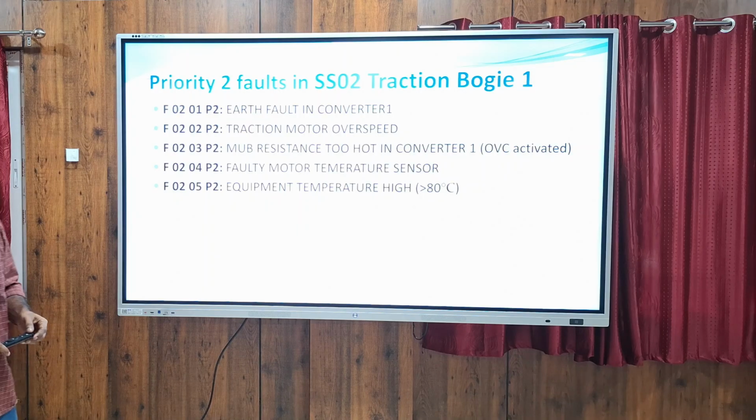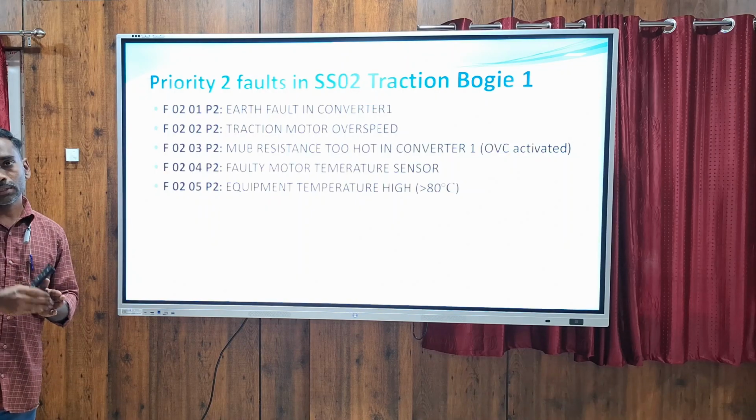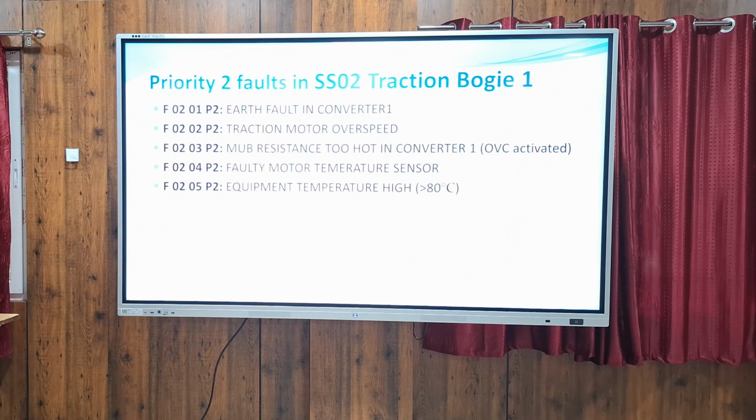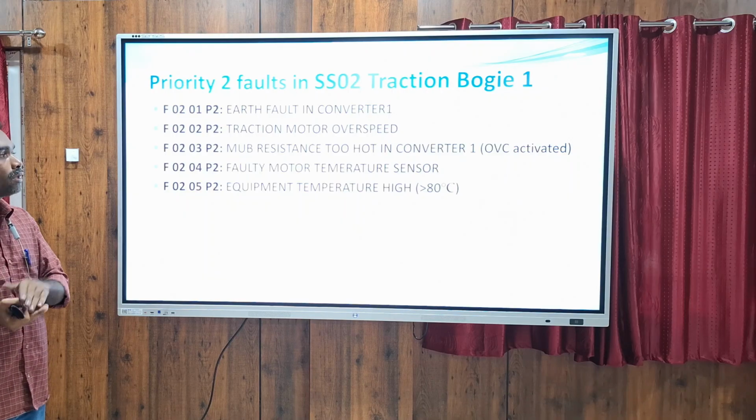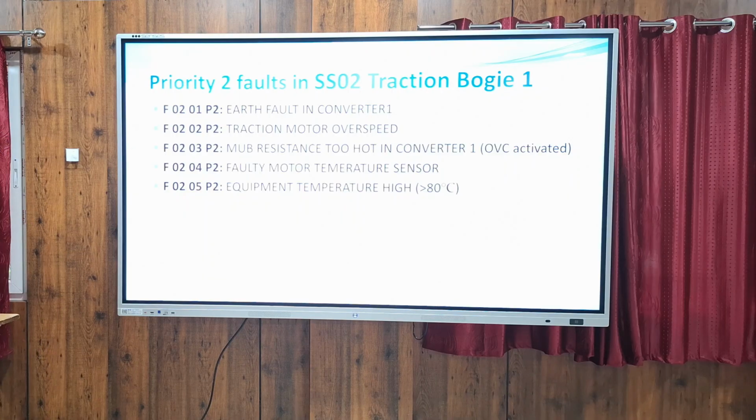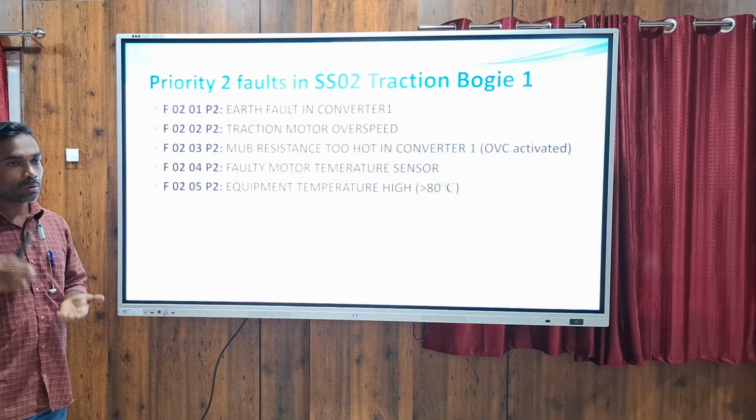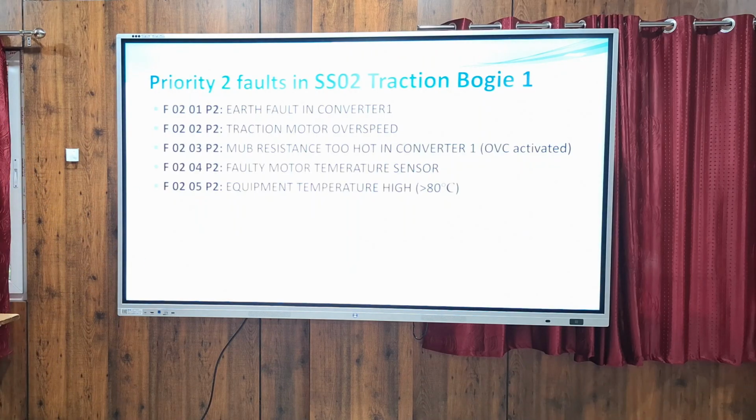Next is MUB resistor too hot in converter 1. The MUB resistor: after creating the DC link, we have to keep the DC link voltage at a constant or normal value. If it goes beyond the limit, as a safety we need to reduce the voltage. For that, we activate the crowbar circuit. So OVC means the over voltage protection circuit, the crowbar circuit.